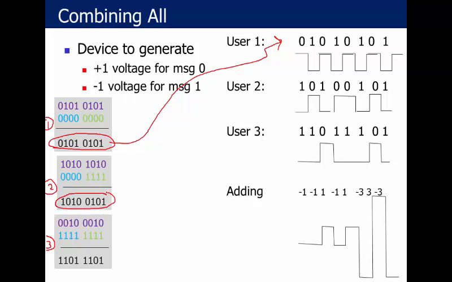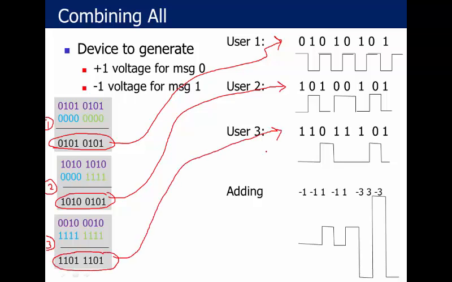The chipset from user 2 is that. The chipset from user 3 is this. So according to this, the device needs to generate the signals. 0 means positive 1 volt and 1 means negative 1 volt.